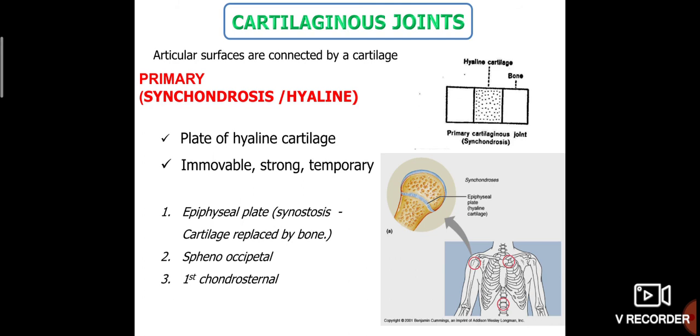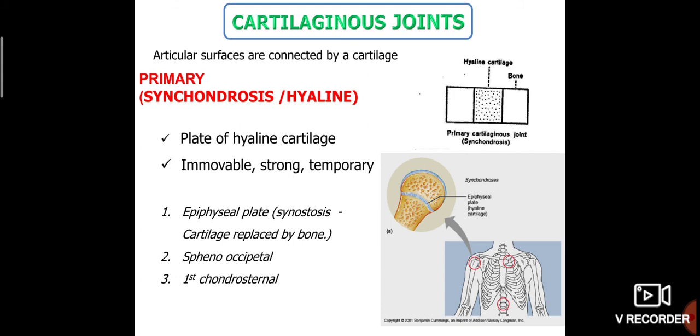So after 20 years, the primary cartilaginous joint will be no more, and that's why this joint is called a temporary joint.